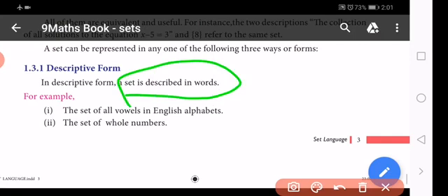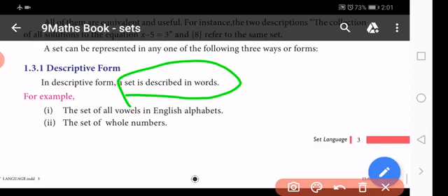So in this form, the elements are not visible. There is no symbol and there is no notation in this form. We write the verbal description in a sentence form or statement form.